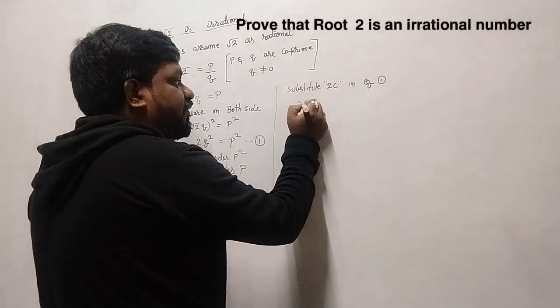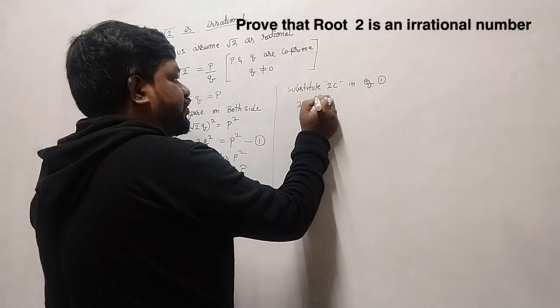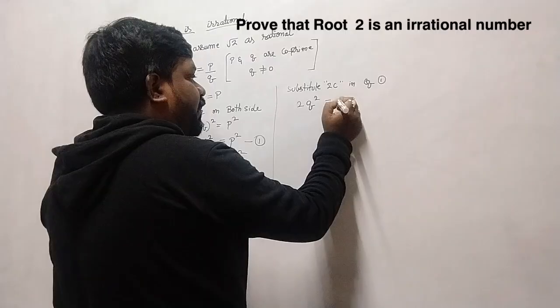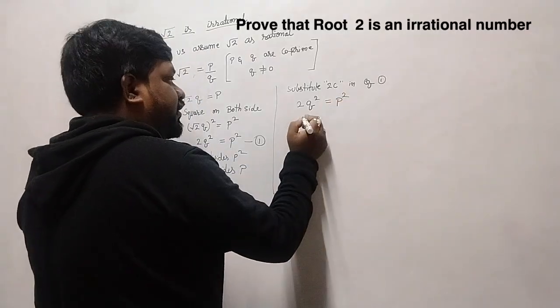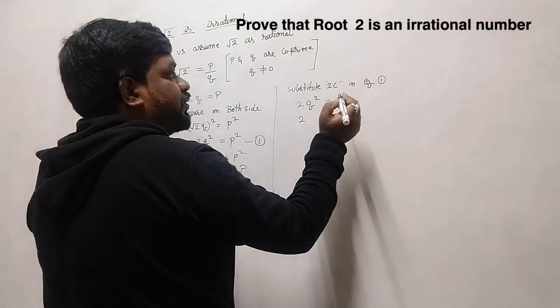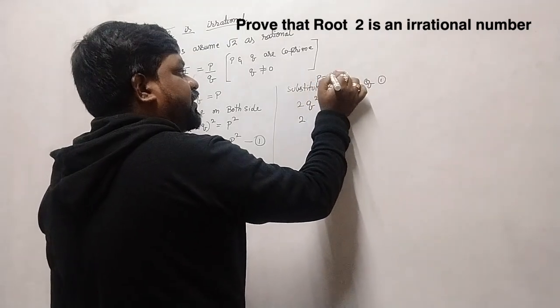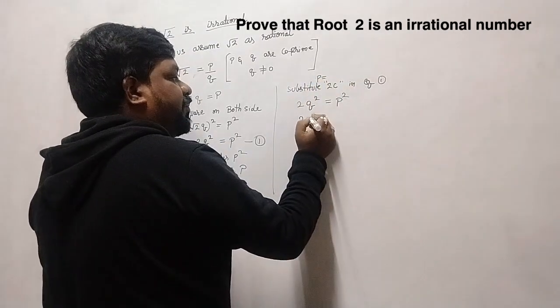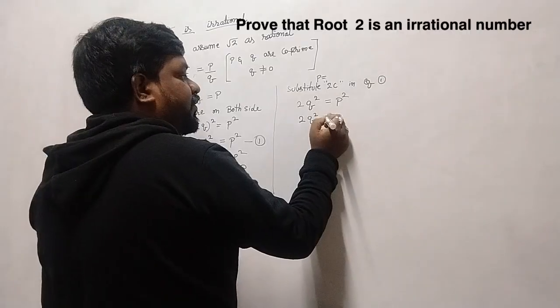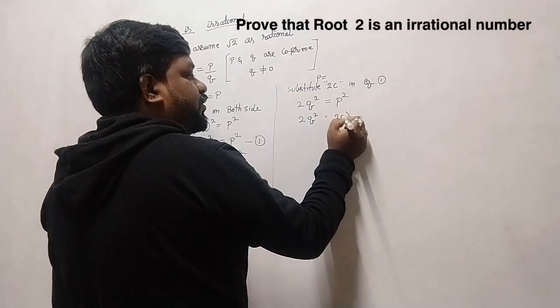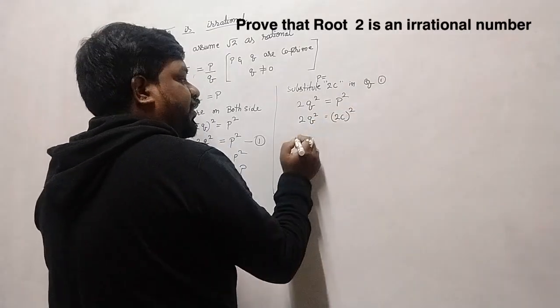So our equation 1 is 2q square equals p square. Sorry, let us substitute p equals 2c. In place of p we are going to write (2c) whole square.